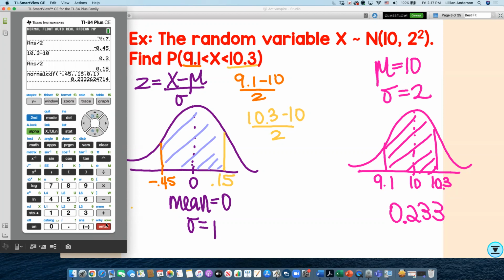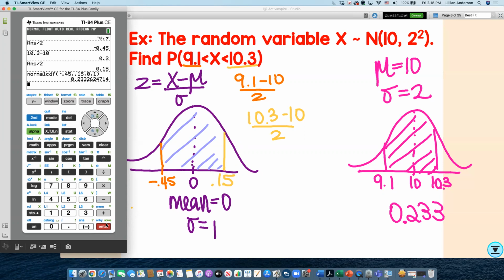So whether you convert to a standard normal or you leave it as a normal distribution, you'll get the same value. Okay. So again, you do not have to convert a normal distribution into a standard normal distribution like what I did here. If you have all of your information, you can do it the normal way.